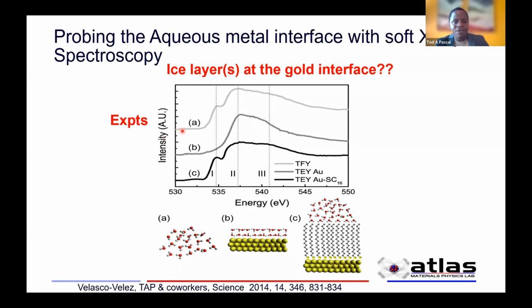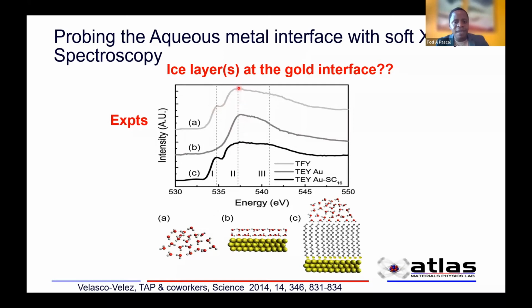In the case of our TFY, our bulk measurements, we get curve A that shows the characteristic XAS of water, showing 3 peaks, one at 535 eV, that's typically the signature of broken hydrogen bonds.